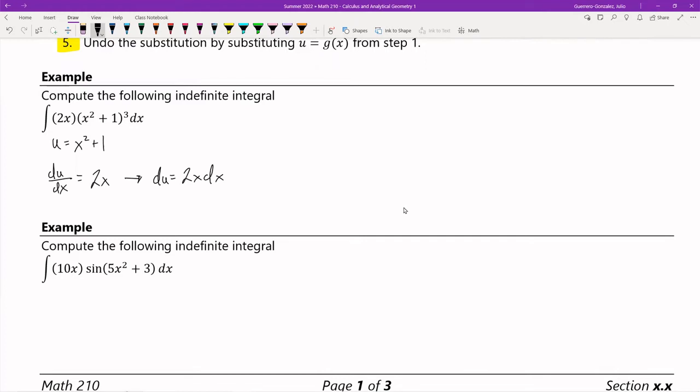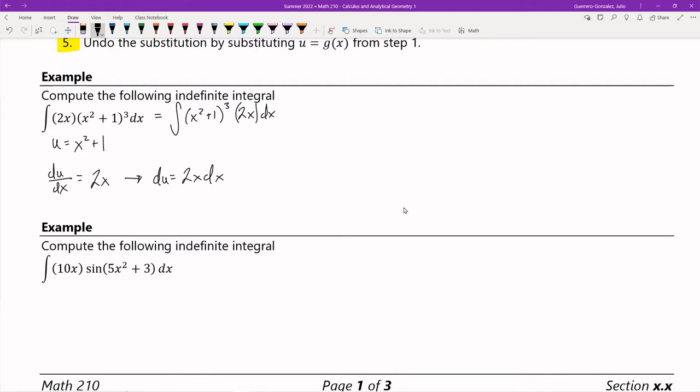Okay, I'm going to rearrange this a little bit. I'm going to do the integral, right? (x squared plus 1) cubed times 2x, I'm going to put this in parentheses, dx, okay?